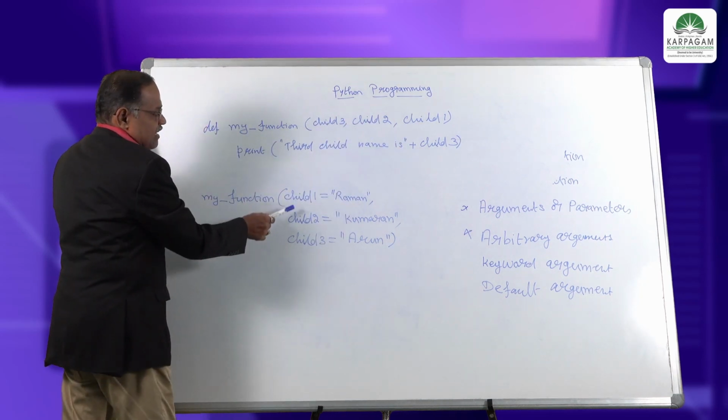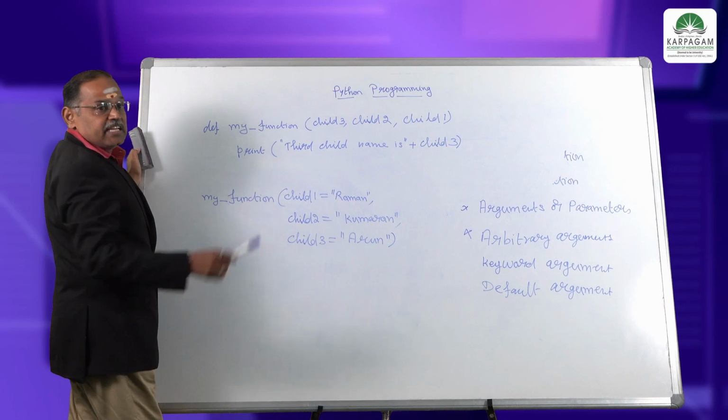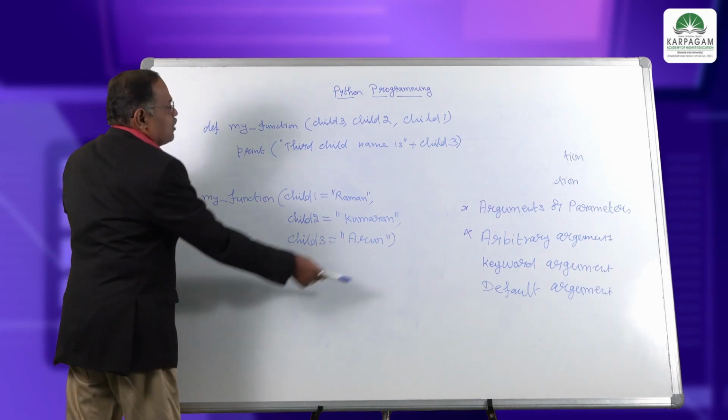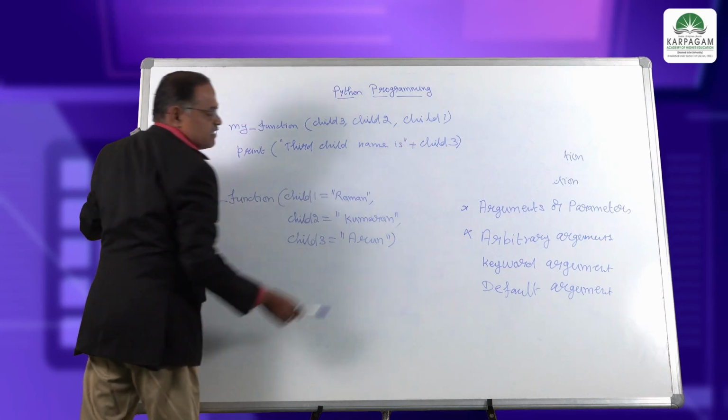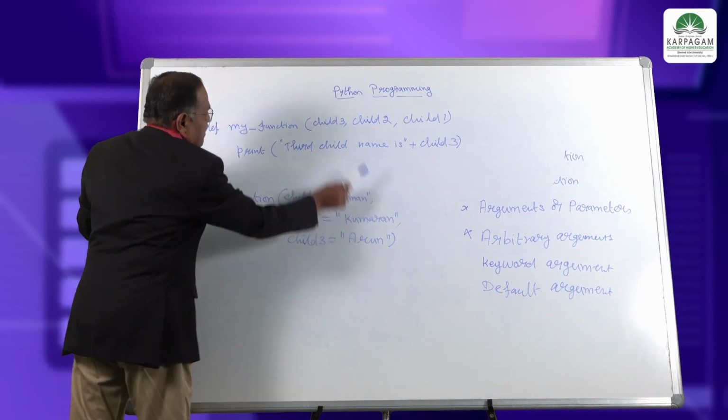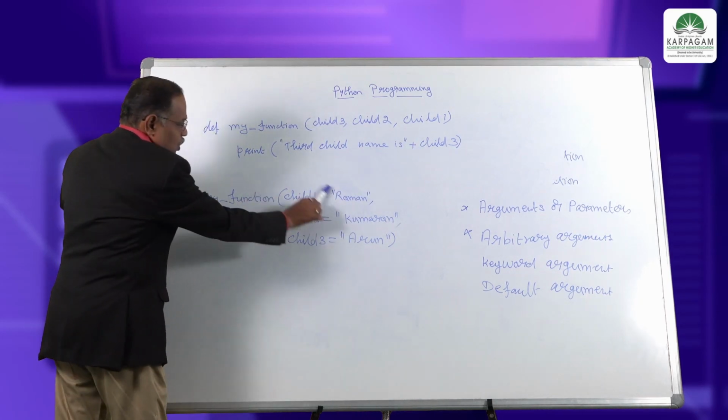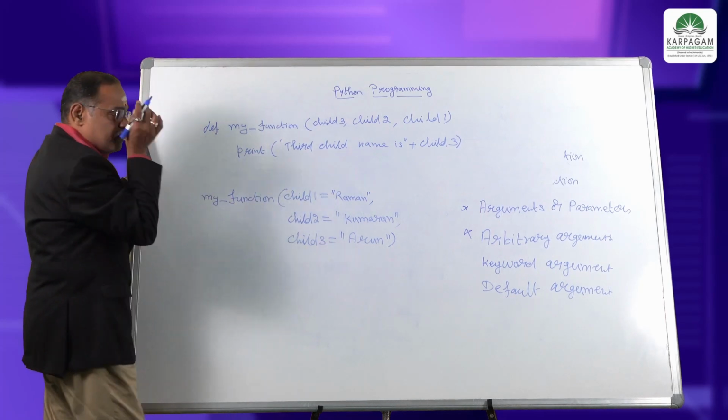But here I have used 1, 2 and 3 respectively, and the value will still be correctly passed. I am going to print the child3 value, so the child3 value will be assigned here. This is called keyword arguments.